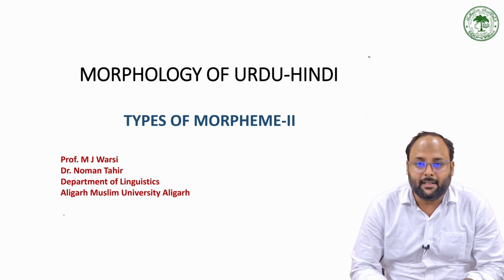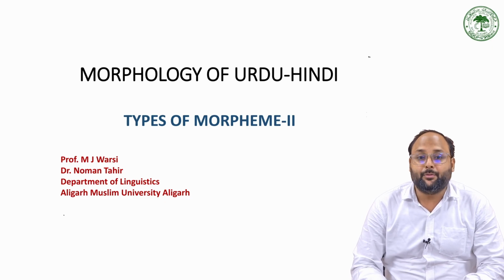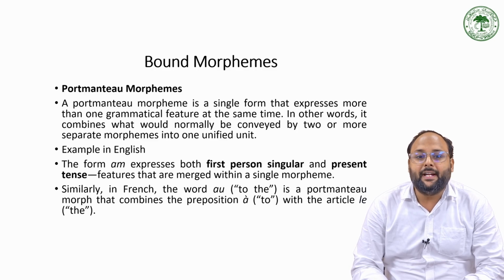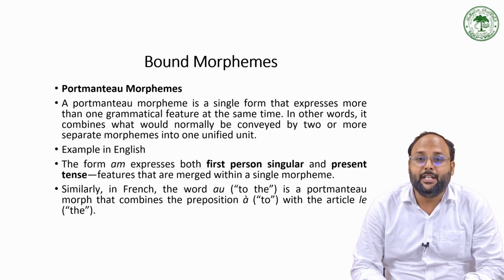In this lecture, we are discussing the types of morphemes. So we have discussed various other morphemes. So the bound morpheme can be divided into different types. Portmanteau morpheme is one of the types of bound morphemes. A portmanteau morpheme is a single form that expresses more than one grammatical feature at the same time.